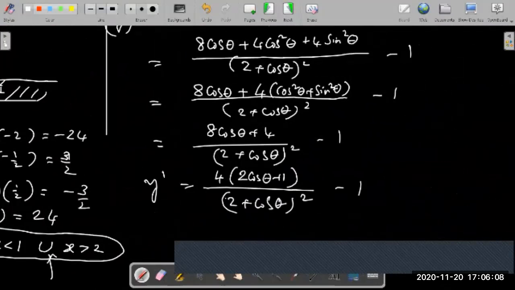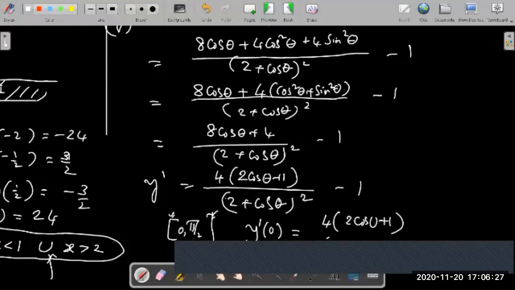So between 0 and pi by 2, that is my interval. Whenever they give inclusive, that means the square bracket, first try y dash at 0. At 0, what's the value? Then you will have 4, 2 cos 0 plus 1 divided by 2 plus cos 0 whole squared minus 1.